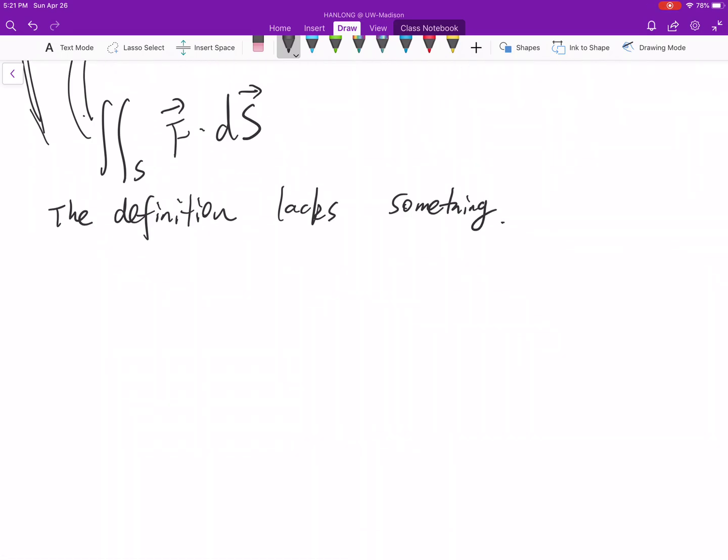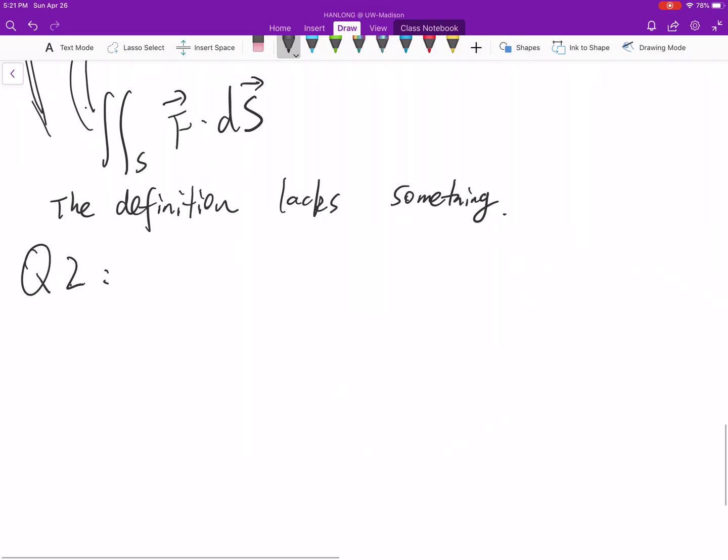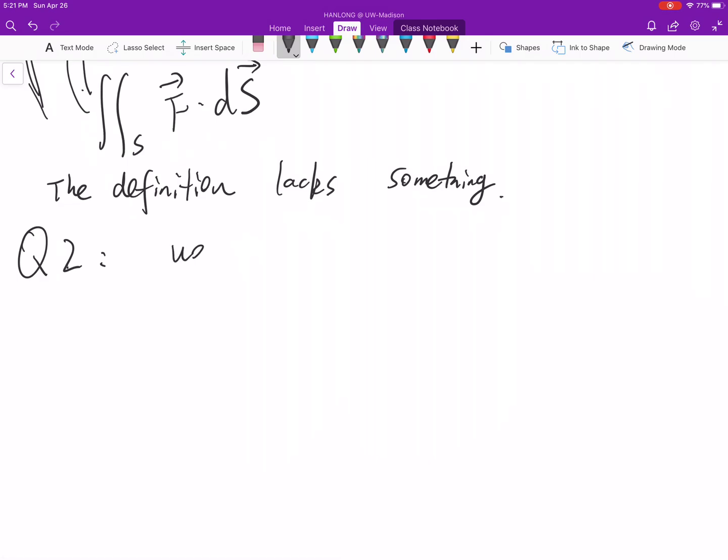Okay, then question 2. For the plane, you can always choose a normal vector, either this one or that one. But then the problem is, for a curved surface, you might have trouble introducing a continuously changing normal direction.